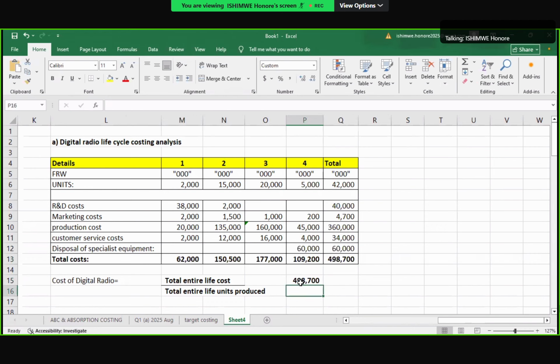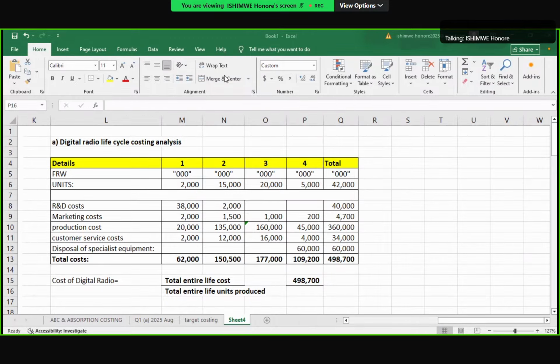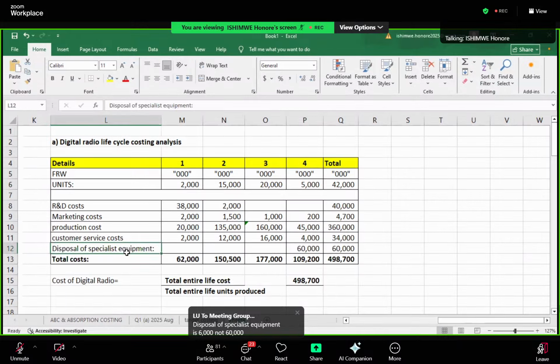498,700. So the whole units equation. I see here some people have a question. They say, is disposal of specialist equipment given per unit? It's not per unit. They say disposal of specialist equipment. They give us 60 only.